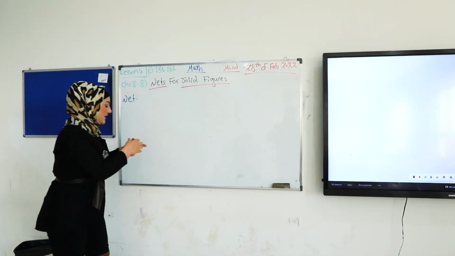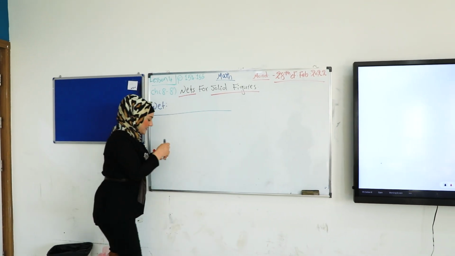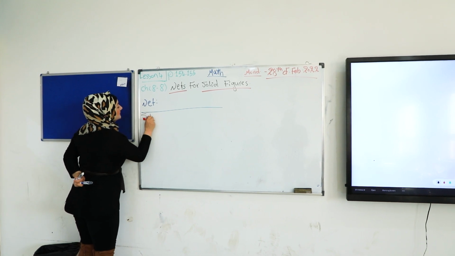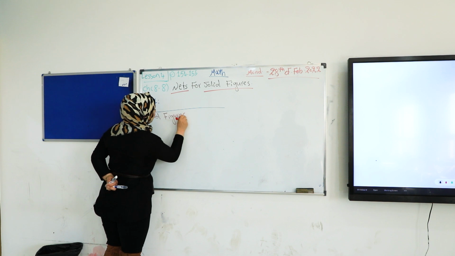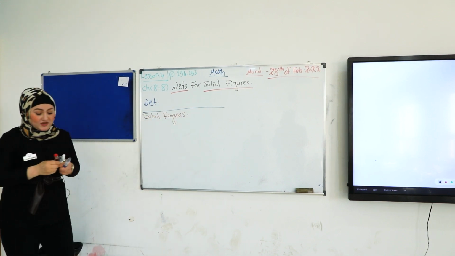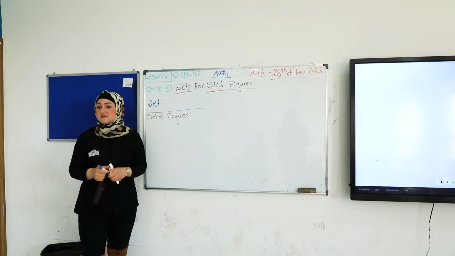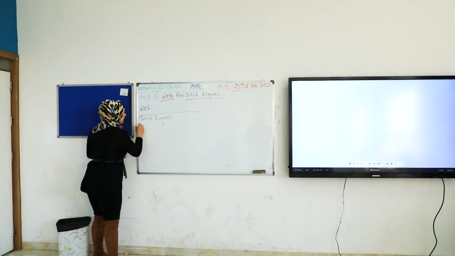Still, we're not talking about net, so we will have a space for talking about net later. Solid figures. You all know what solid figures are, right? You all know why we call them solid figures. Why would we do that? Because of having volume. Yes.